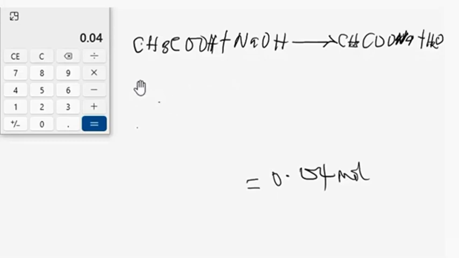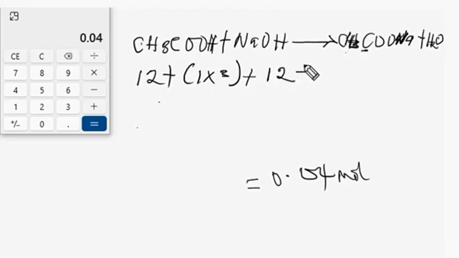So the molar mass of this salt will be atomic mass of carbon, that's 12, plus atomic mass of hydrogen times 3, that's 1 times 3, then plus atomic mass of carbon here, that's 12, then plus atomic mass of 2 oxygen, that's 16 times 2, or we can just write 16 plus 16, then plus atomic mass of sodium, that's 23.